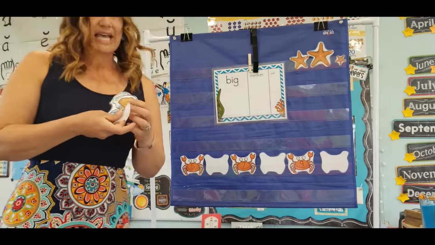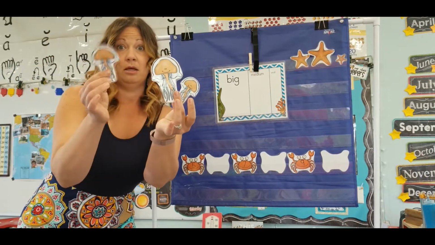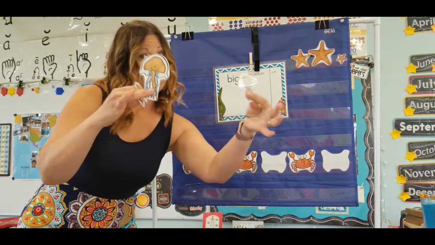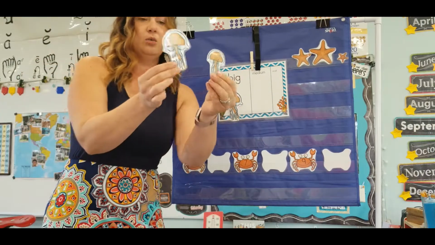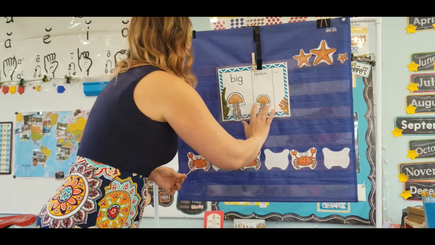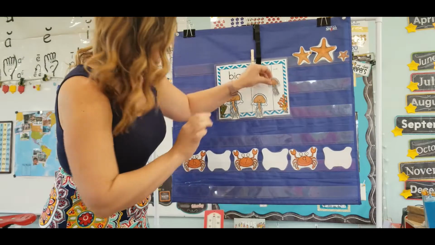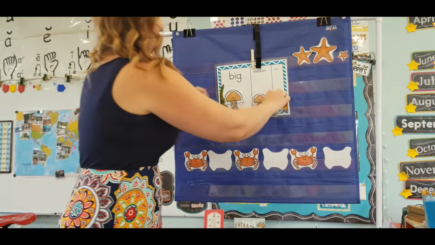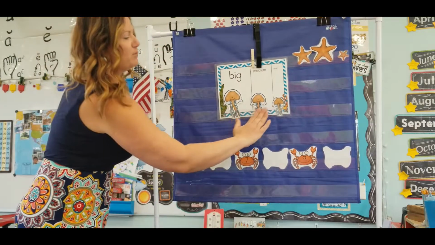We got 3 sizes. Which one is the big one? The middle one, you're right. Big. Which one's medium? Ding, ding. Big, medium, and small. Ding. Whoa. Jellyfish down. Okay, big, medium, small.